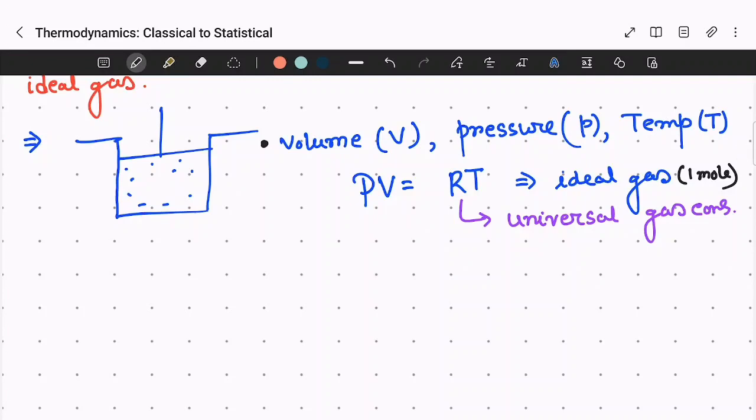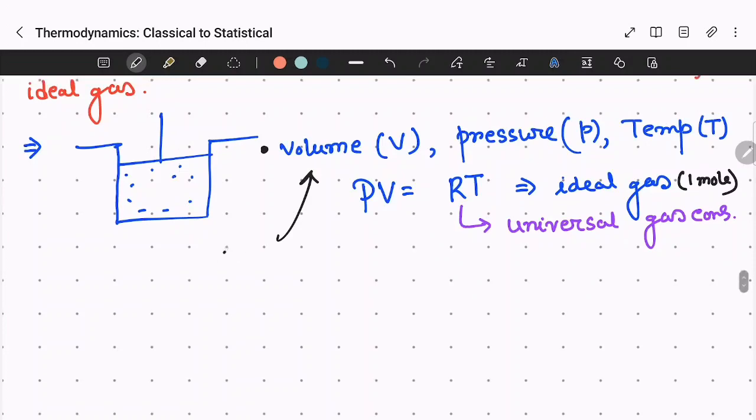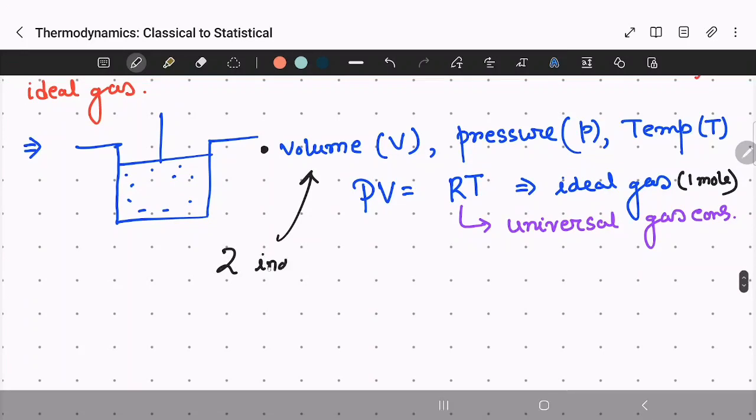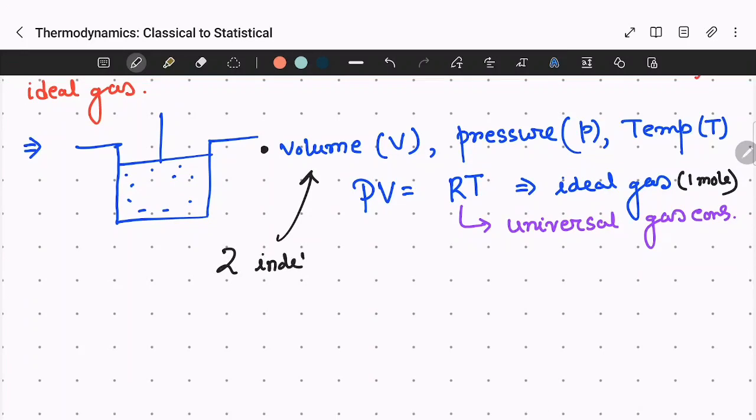That means if you give me P and V, we can evaluate T, and also if you give me V and T, we can evaluate P. It means that there are essentially two independent variables. Okay, here I have written that there are three variables, but those three are not independent. They are related by one equation. So only two independent variables.